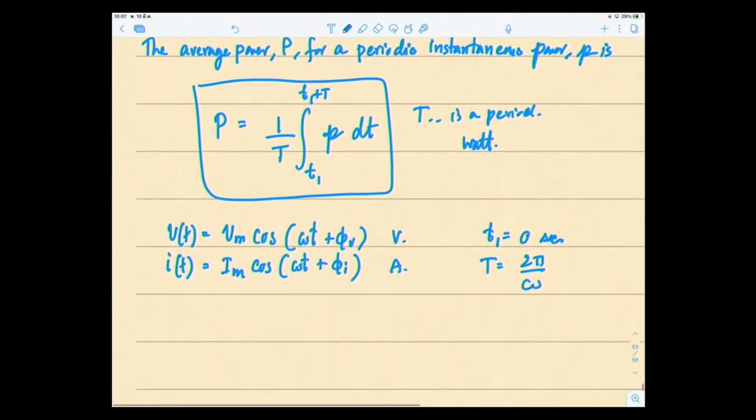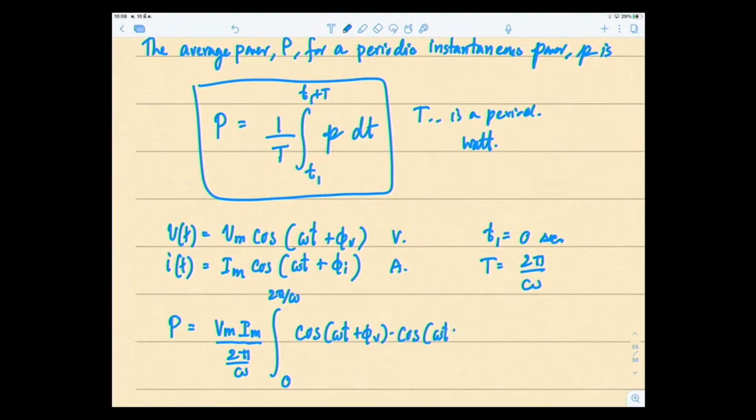Now we find the average power by putting it back in the formula. The average power is Vm Im over T, where T is 2 pi over omega. I take the Vm and Im out as constants, and integrate from 0 to 2 pi over omega, cos of omega t plus phi v times cos of omega t plus phi i dt.